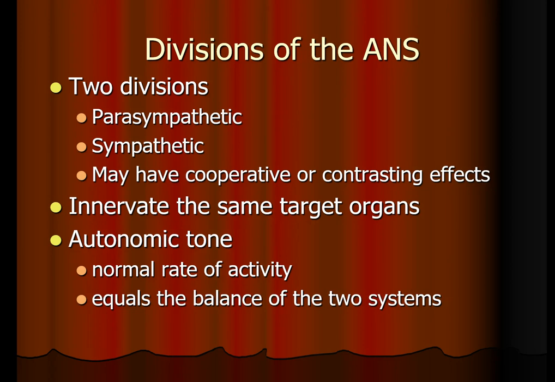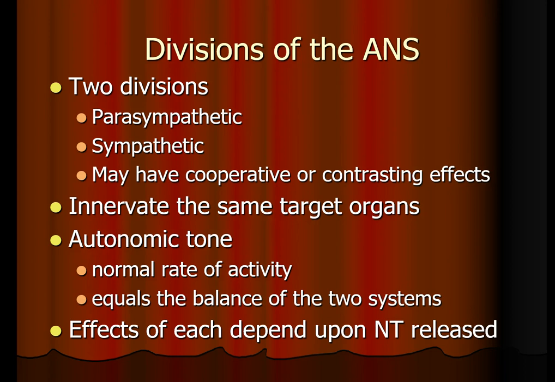Now from there, things can still get modified because we change that balance. Maybe the sympathetic nervous system starts to fire a little more intently, or maybe the parasympathetic does, and then it changes what's going on there. The effect of each of these systems, parasympathetic and sympathetic, depends upon which neurotransmitter is being released. Okay, that makes sense.